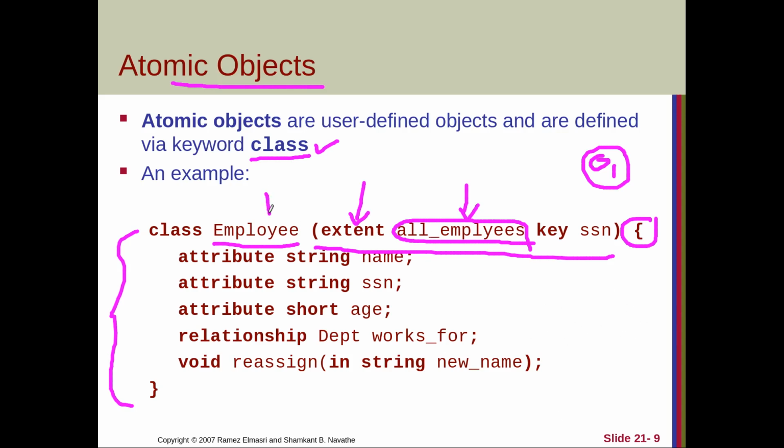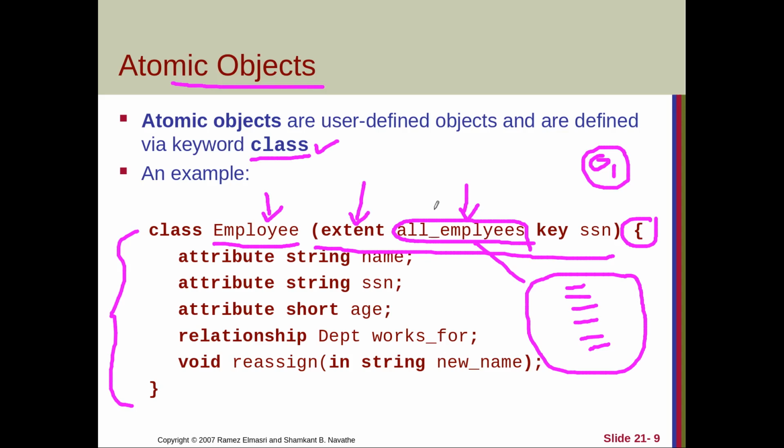So this is a class used for creating the description of a particular employee, which has an extent name, that is all employees. All employees is like a location where the first employee, second employee, third employee, fourth employee, fifth employee, all the employees are grouped under a single name, called all employees.